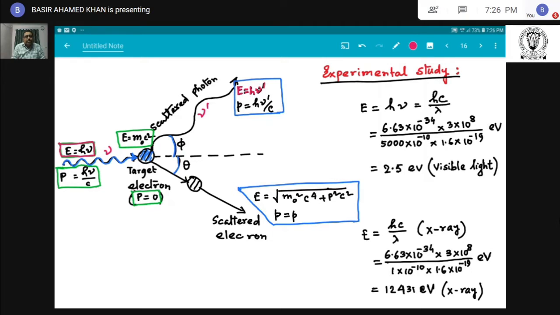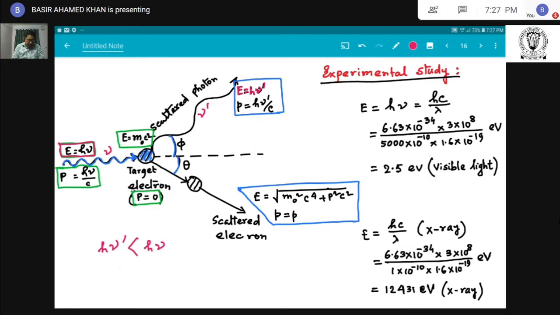So it is obvious that the energy of the scattered photon is less than that of the incident photon, because some part of its energy is shared to the scattered electron. Therefore, we say that h nu prime is less than h nu.